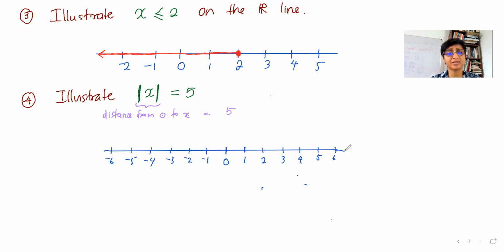Think, please. There is a simple thing I'm asking. Can you show me all the numbers on this line that are 5 units away from 0? Distance from 0 to this number must equal 5. Yes, you are right now. Others? Okay, yes.